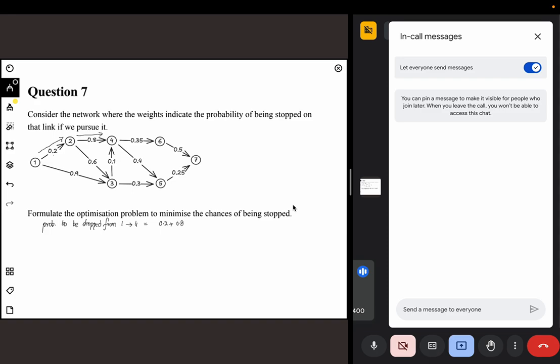Now if you want to get to the second path, it means that you should not get stopped in path 1 to 2. So there is an 80% chance you pass through the first route, and then you get stopped in the second route, that is point 8, right? This is how you calculate the probability, right?